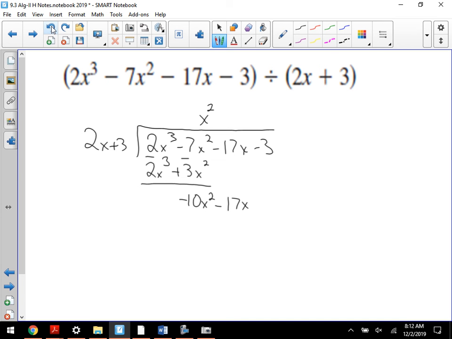Now when you multiply 2x by it, it turns into a -10x squared. Let's bring that around. And then we have, what is that, -17 plus 15, so it would be -2.